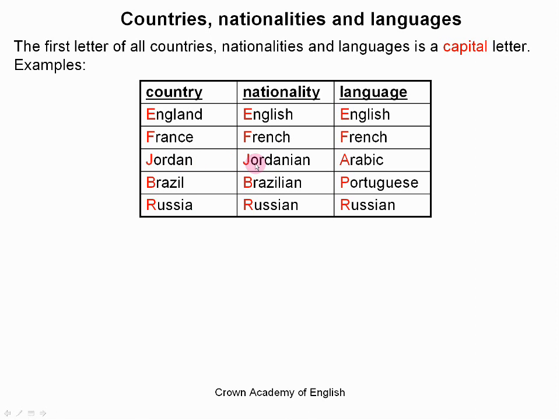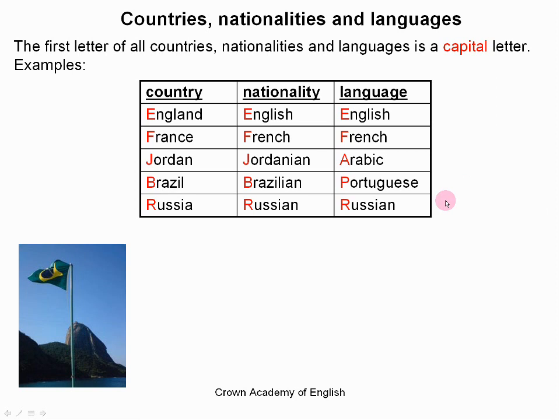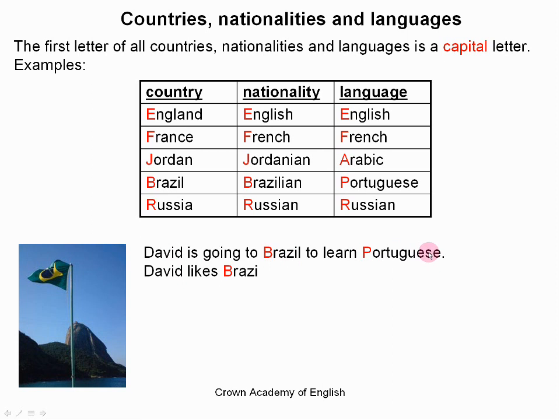People who live in Jordan, we say they are Jordanian, and they speak Arabic. Example: David is going to Brazil to learn Portuguese. David likes Brazilian food. So we have three capital letters here. B for Brazil, capital P for Portuguese, and a capital B again for the nationality, Brazilian food. So very important. Always a capital letter.